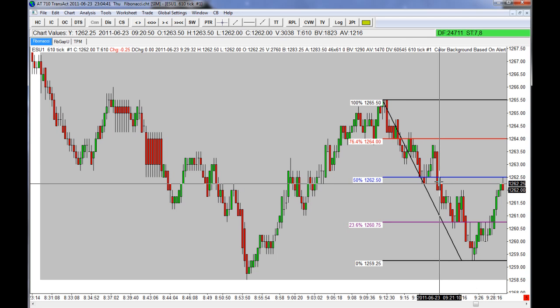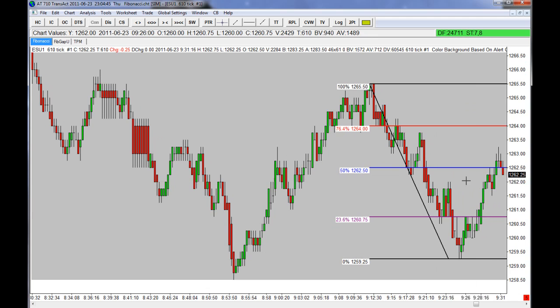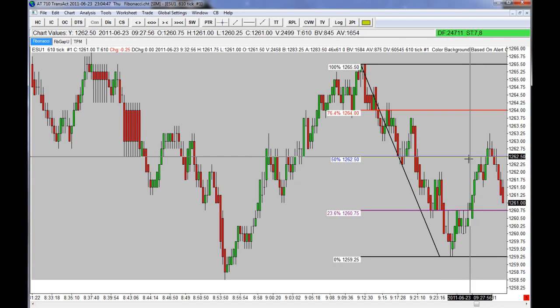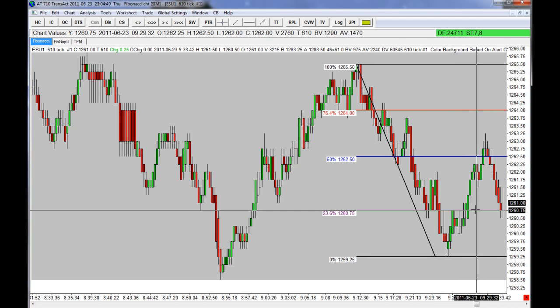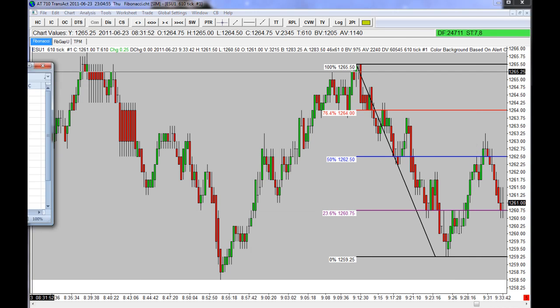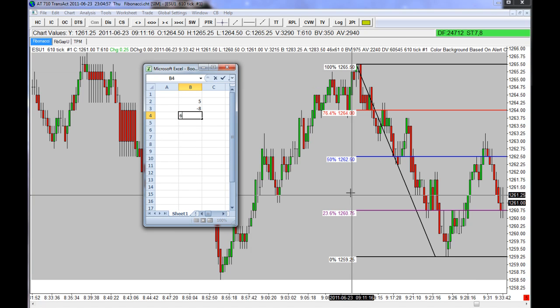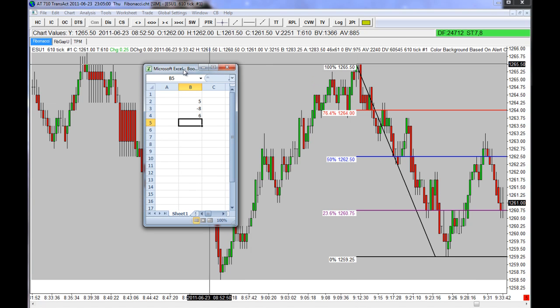Price came up, I got filled here, went against me for a bit, then came down, I got filled at my target here. Okay, so took 6 ticks there.